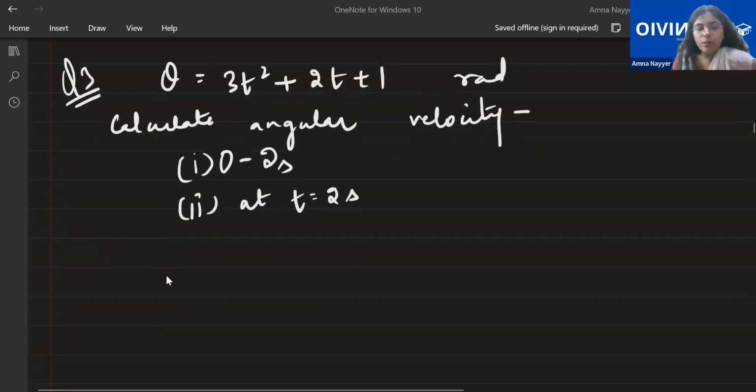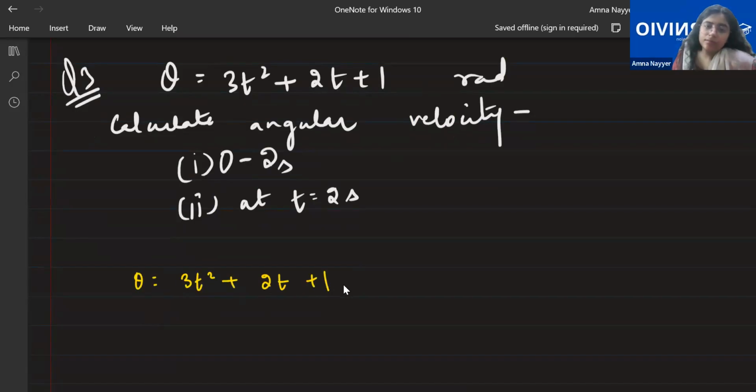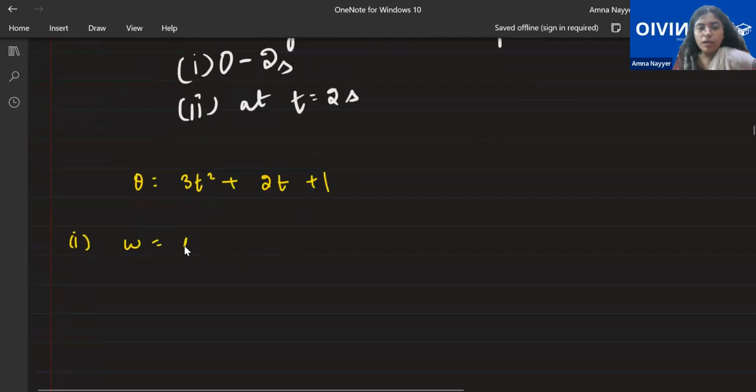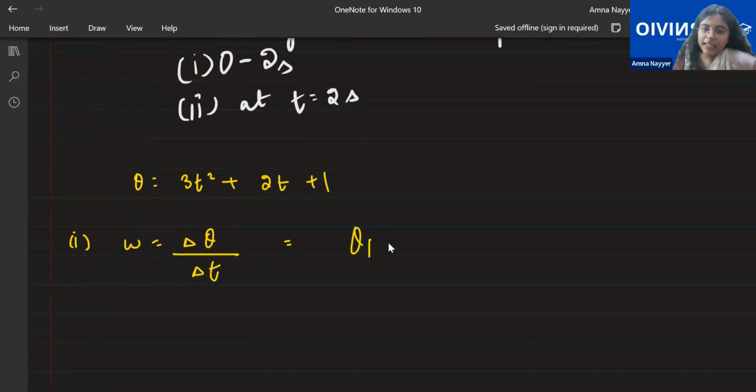See, Neha, the value of theta is given as 3t square plus 2t plus 1. Now, in the first part, this says to calculate the angular velocity when a time interval is given. So when you have a time interval, you use the formula delta theta divided by delta t. Now, this means final theta minus initial theta divided by the final time minus initial time.